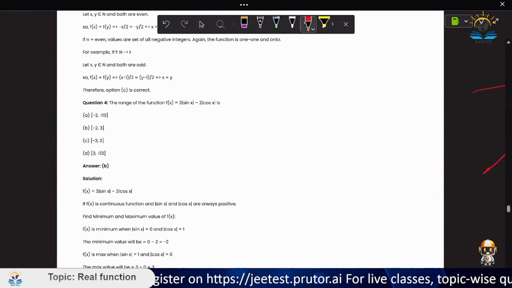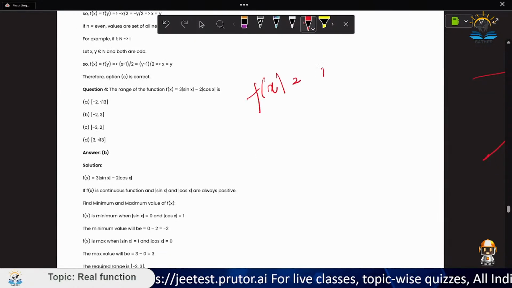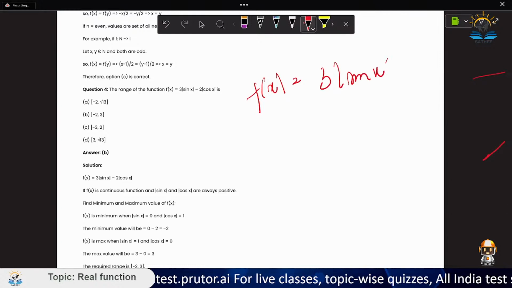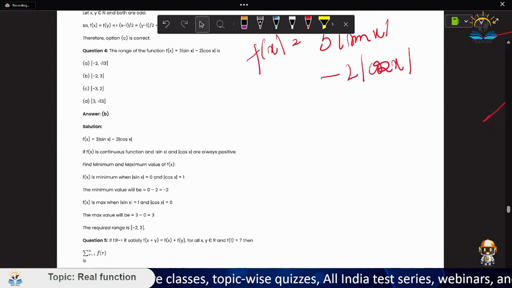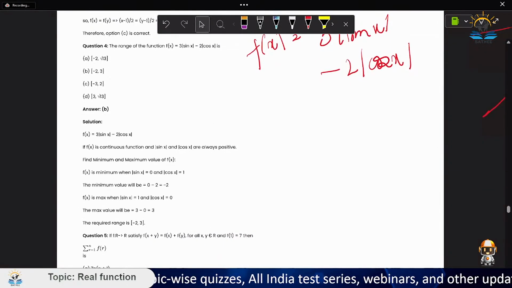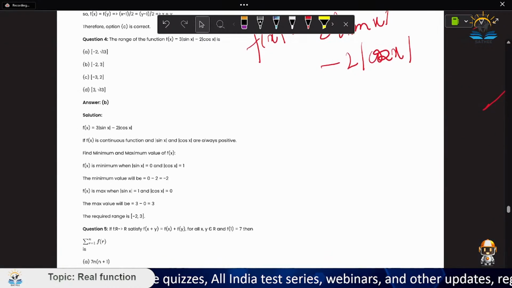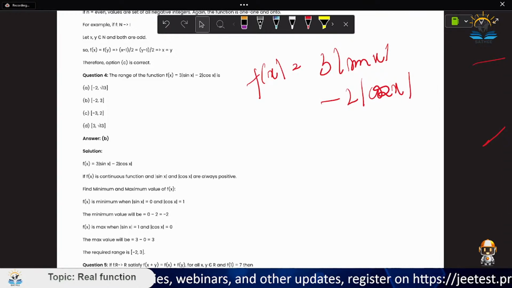Let's find the range of this. This is nice. So the question says we have to find the range of f of x is equal to 3 sin x minus 2 cos x, right? Okay, so what we can do is find the extreme values of these.